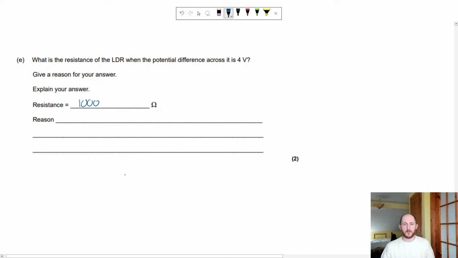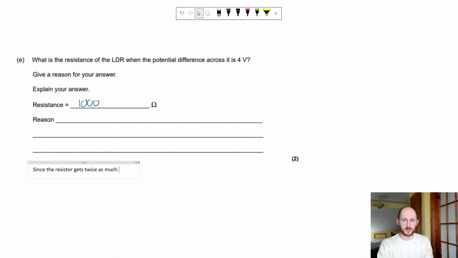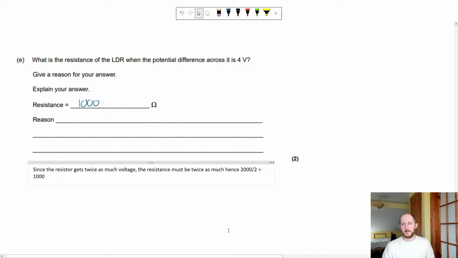And the reason I would write something along the lines of, since the resistor gets twice as much voltage, the resistance must be twice as much. Hence, 2000 divided by 2 is equal to 1000 ohms. That's literally all I'd write.